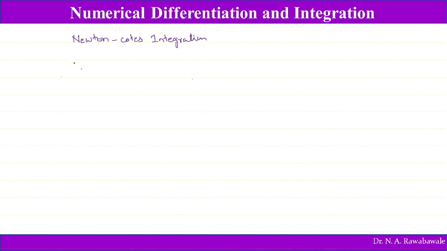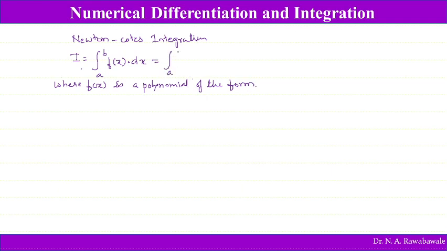So now say here integration I is equal to integration from a to b of f of x dx, where f of x is a polynomial of the form, or this can be written as integration from a to b of fn of x dx.